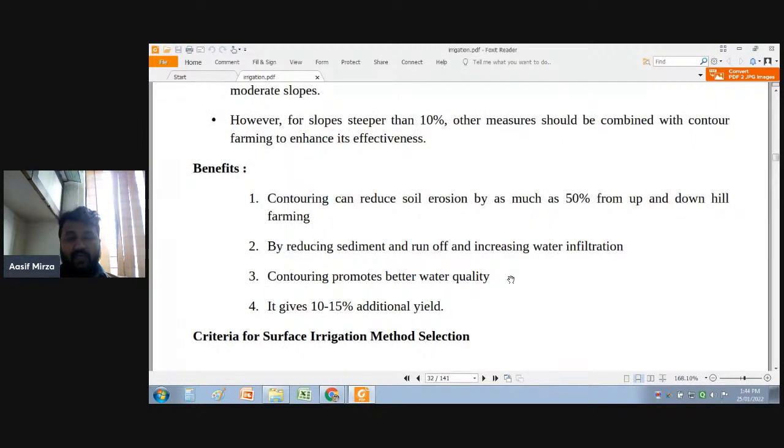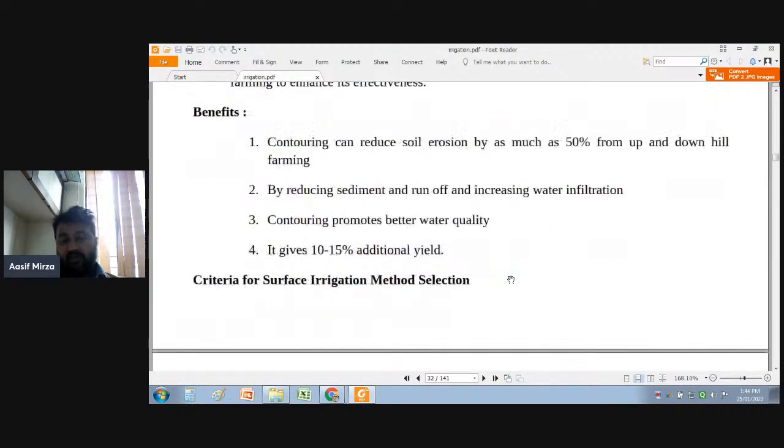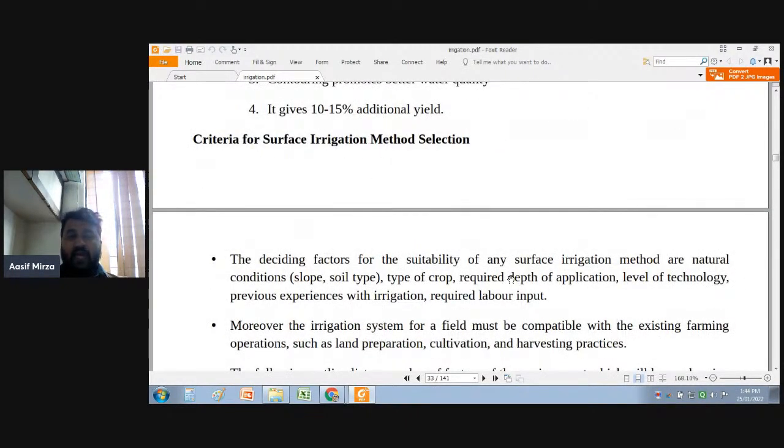Now, what are the criteria for surface irrigation method selection that we will see? So the deciding factors for suitability of any surface irrigation method are natural conditions like slope and soil type, the type of crops, required depth of application, level of technology, previous experiences with irrigation, and the labor input required.